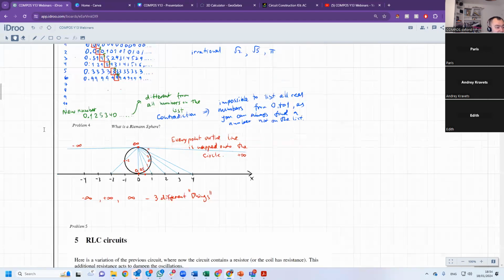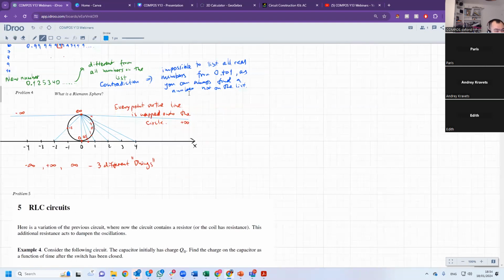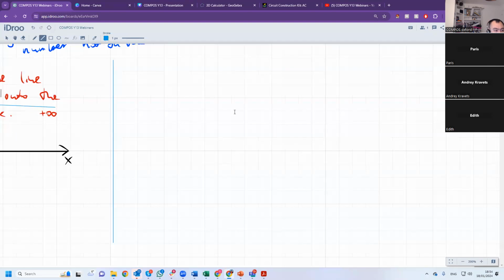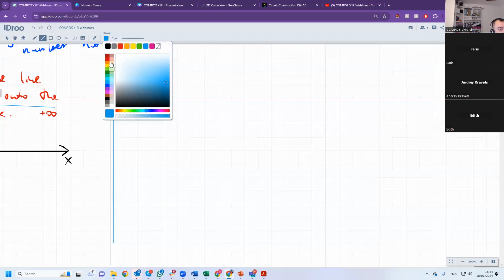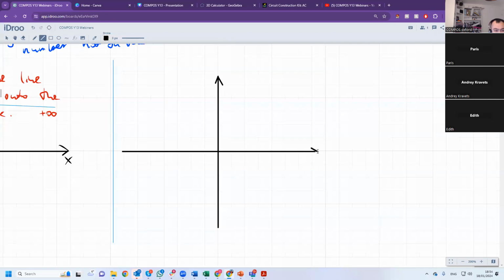Now you can have a Riemann sphere with complex numbers. For this you need to take the complex plane, so you have the set of complex numbers.